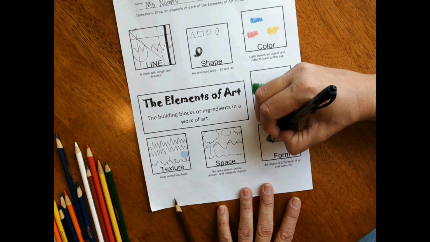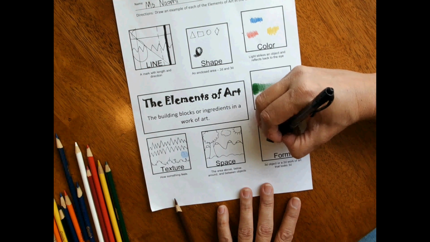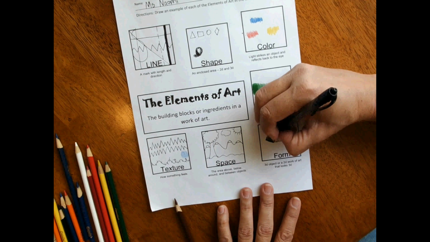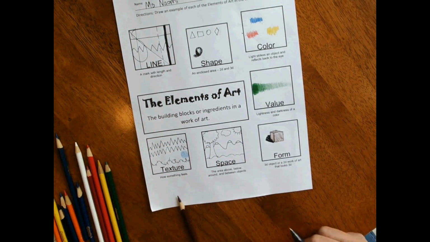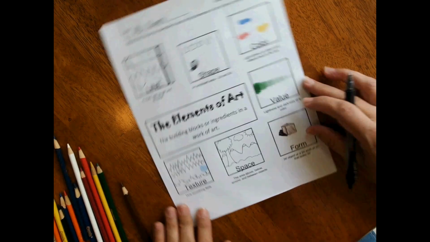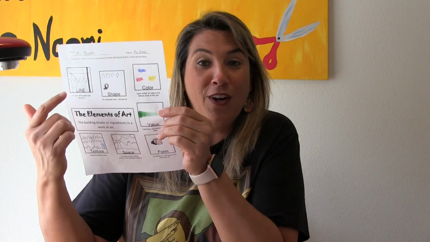It just went from a 2-dimensional piece to a 3-dimensional piece, just by adding shadow and lines, and that shows form.